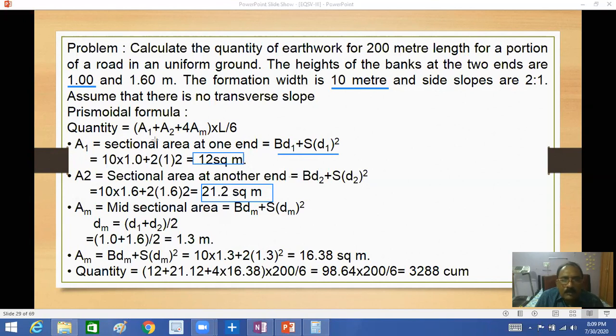To substitute in this formula, what is AM? The average sectional area. How to calculate it? BDM plus SDM square.